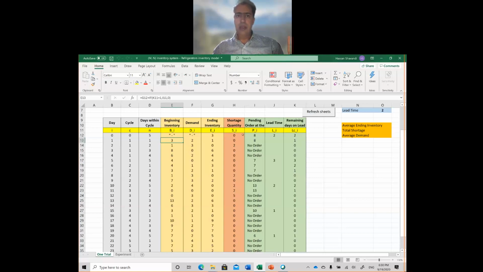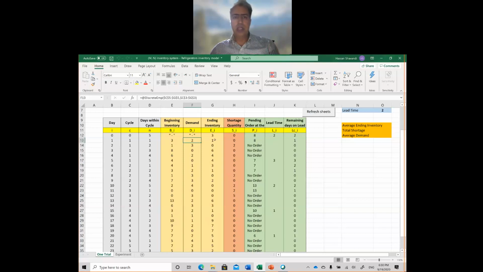If it's not equal to 1, then it will be 0, and there will be no adding to the ending inventory of the previous day. That's how we implemented that equation here in Excel. And for the demand, again, we generate a random variable from the distribution that we have for demand.